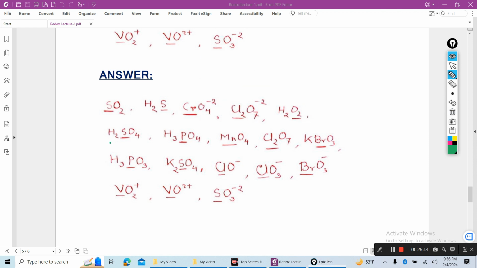Now sulfuric acid, 4 oxygen, 4 times minus 2 is minus 8, hydrogen 2 plus, minus 6, sulfur will be plus 6. Here phosphorus, 4 times minus 2 is minus 8, plus 3, hydrogen 3 plus, minus 5, phosphorus will be plus 5.